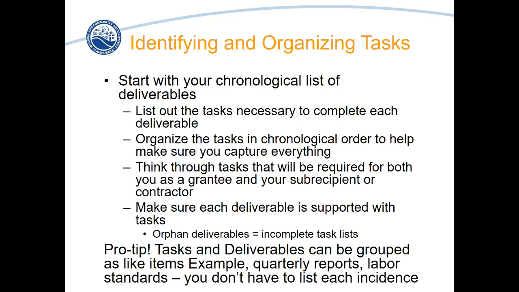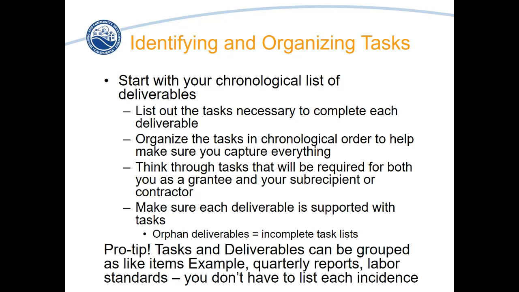As a pro tip, you can group things as like items, so you don't have to list each quarterly report independently. We don't need to see deliverable first quarter report, second quarter report, third quarter report, fourth quarter report. The deliverable can be quarterly reports through completion of the project, and the tasks can be the preparation steps necessary to complete those quarterly reports.